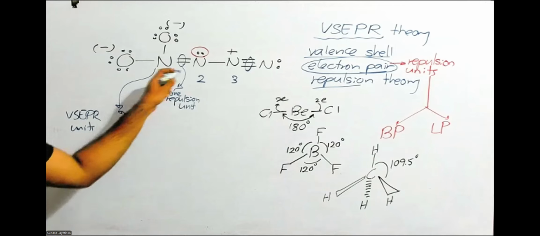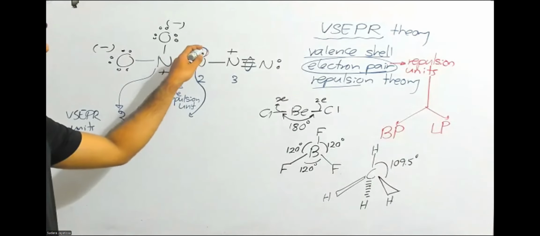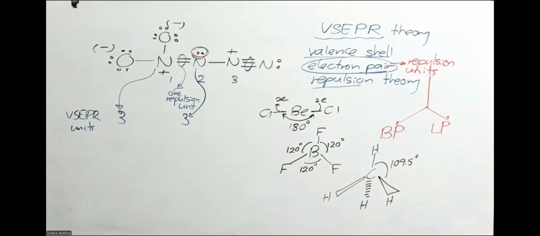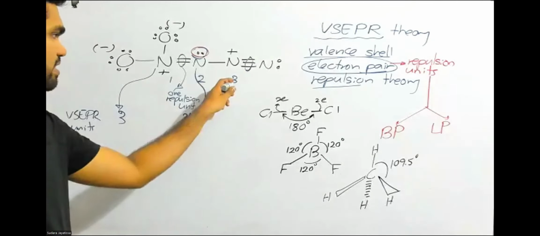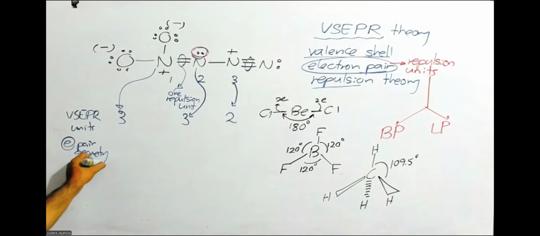Around this N2, with the lone pair also a repulsion unit, 1, 2, 3, another 3 VSEPR units. Around this N3, you have 2 VSEPR units. Depending on the number of VSEPR units, or repulsion units, they assume the electron pair geometry.